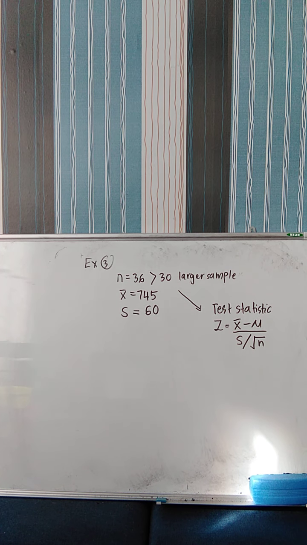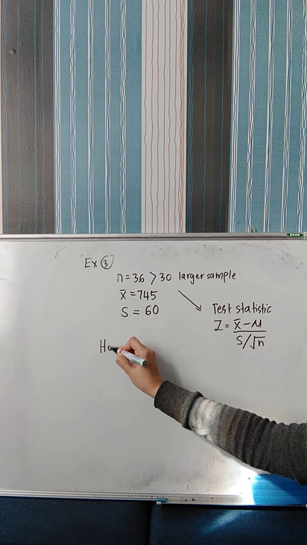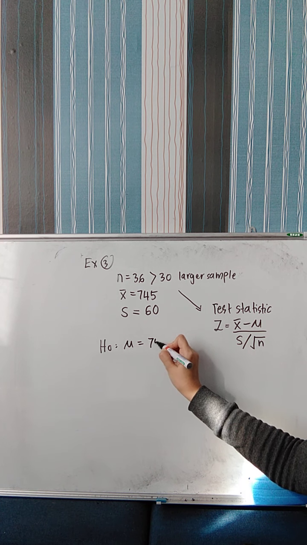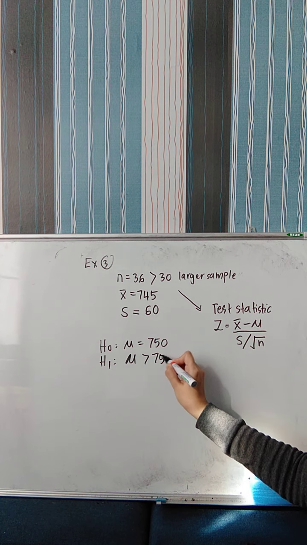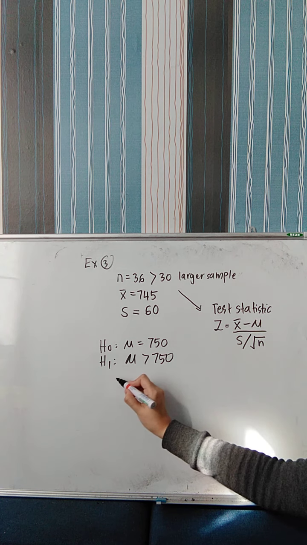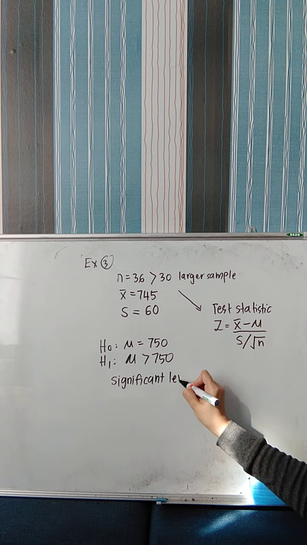Next we continue to find the H null and H1. Using a 0.01 level of significance, is there sufficient evidence to conclude that the mean life of a certain type of light is more than 750? So your H null is mu equal to 750, and your H1 is mu more than 750. Then the next step is to state the significance level given.